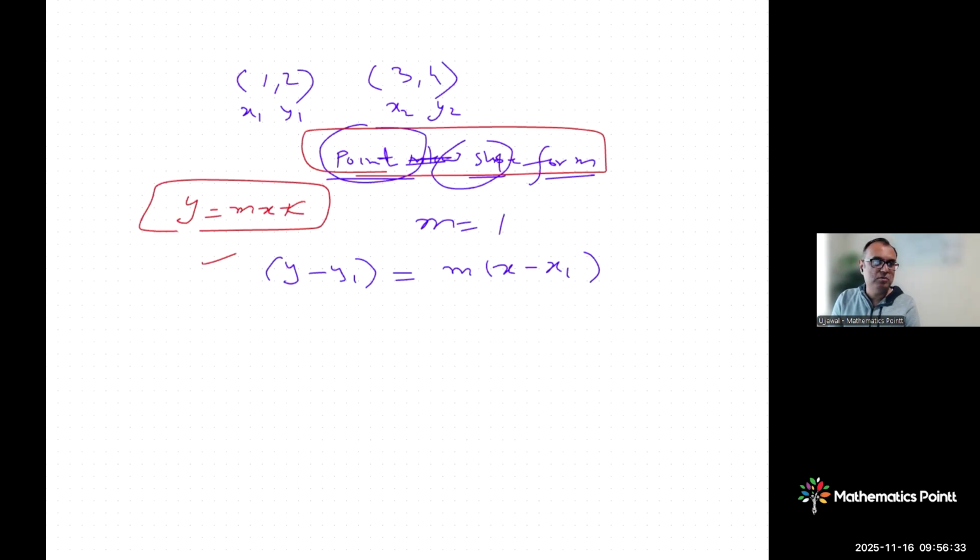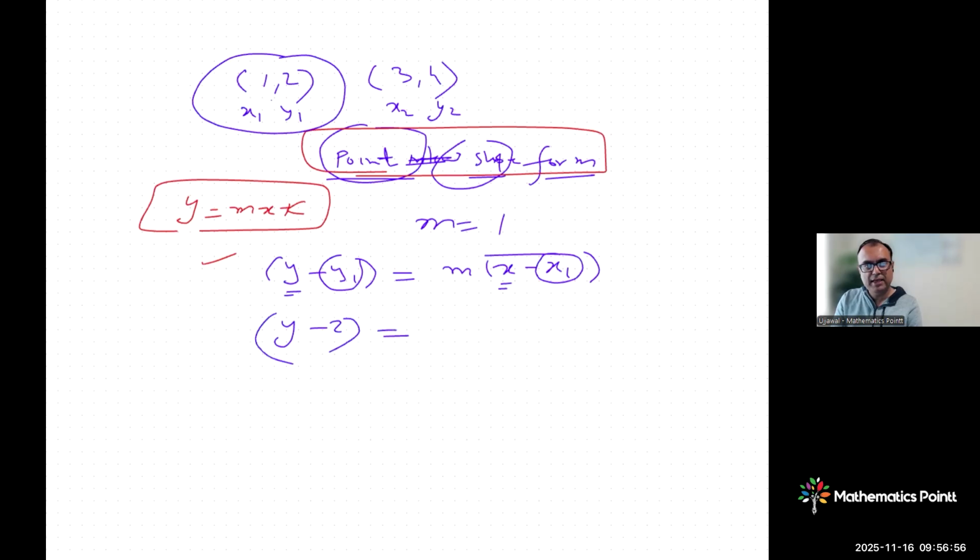I'll change the color back to blue so that we differentiate the two. This x and this y does not change at all. Y remains y. Now, your choice, you can pick up the x1, y1 here. Y minus 2 equals to m was 1, 1 times x minus x1 is 1.